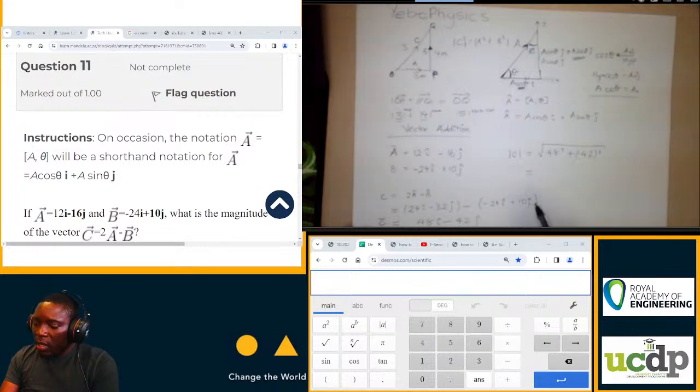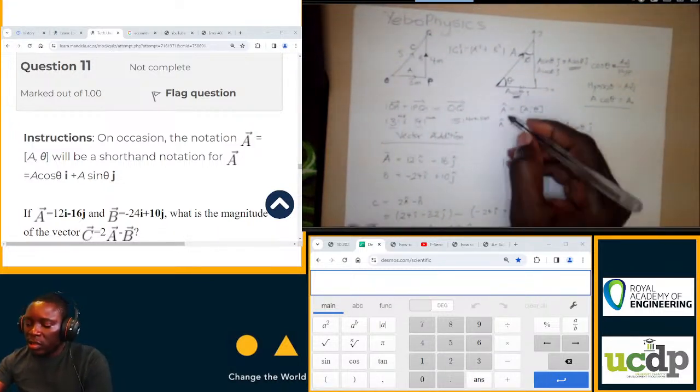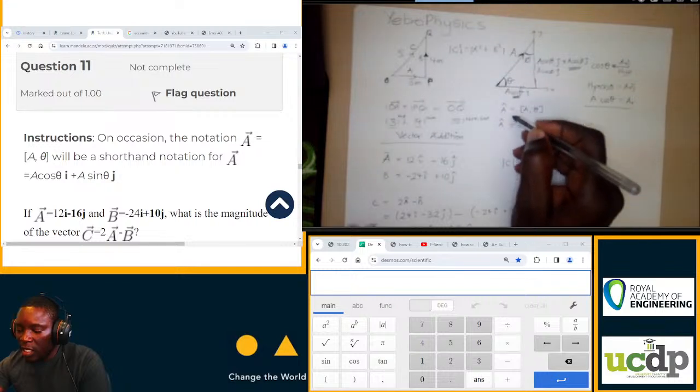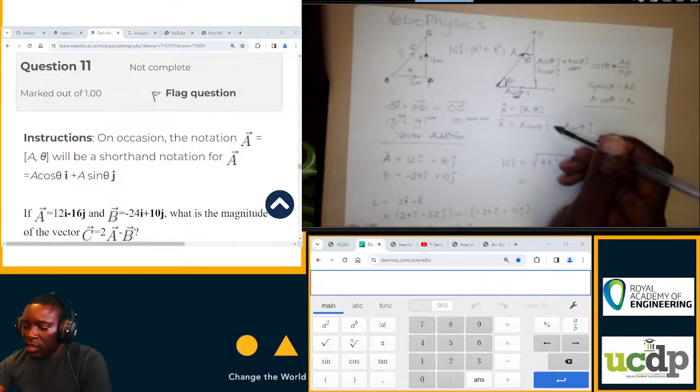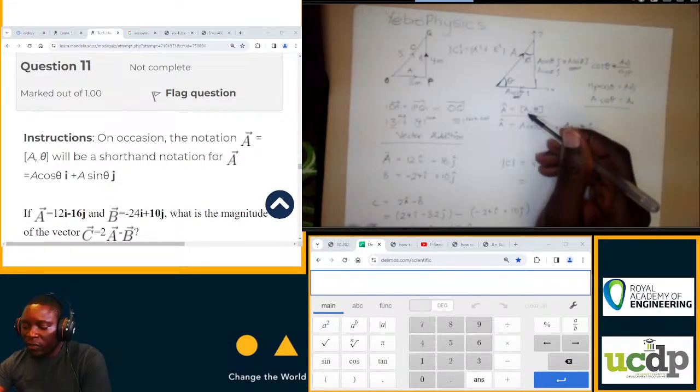So what I also went on to explain is the notation that we now are given a vector A, and it is presented as A theta in square brackets. Then this A theta means the magnitude of the vector A is basically A. In this case, you see the notation there. A is not in bold.